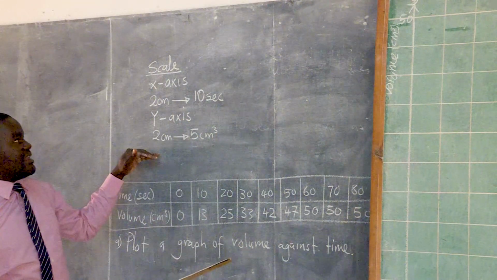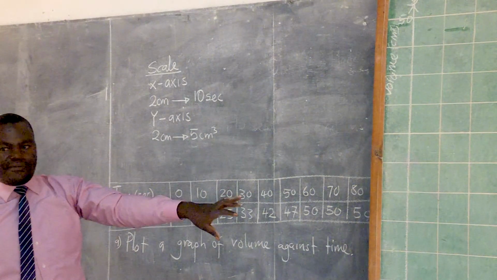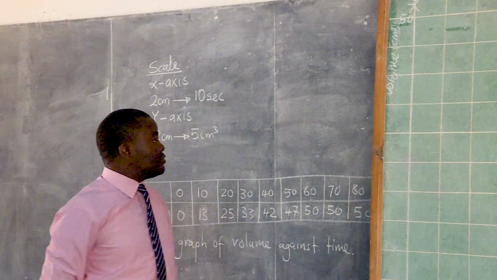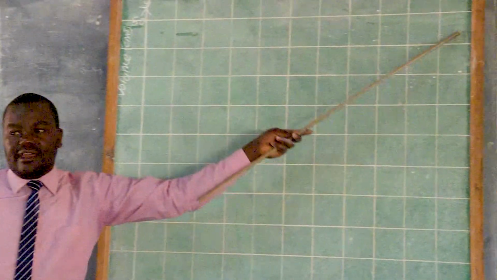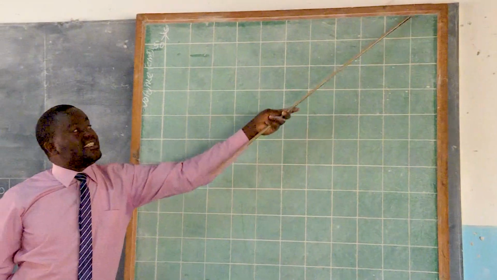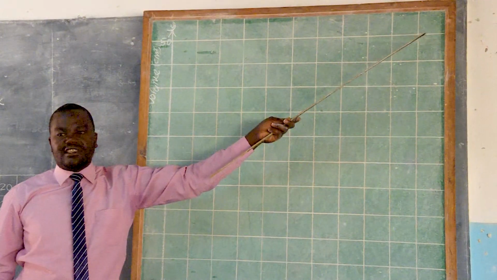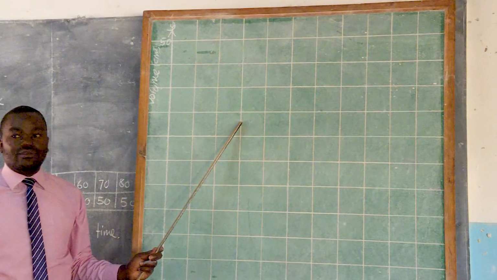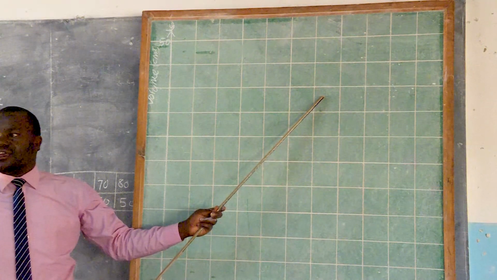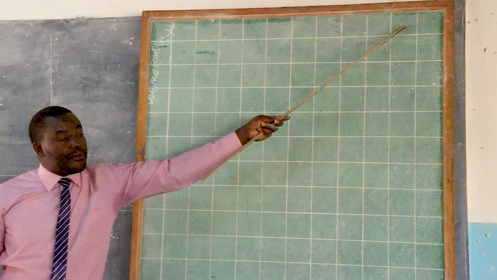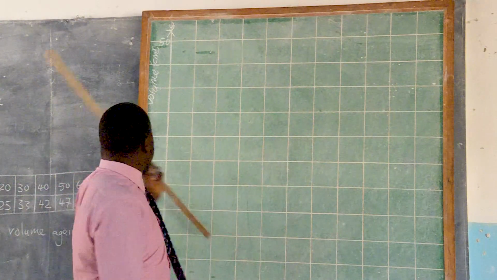After we've come up with the scale, you write this on the graph. Which part on the graph should you write this information? You write it in the top corner there. Mostly we write it there because it is very impossible for the graph to reach this part. You can't write it in the middle because your curve might pass there and it will distort your results. So we write our scale based on what we found.